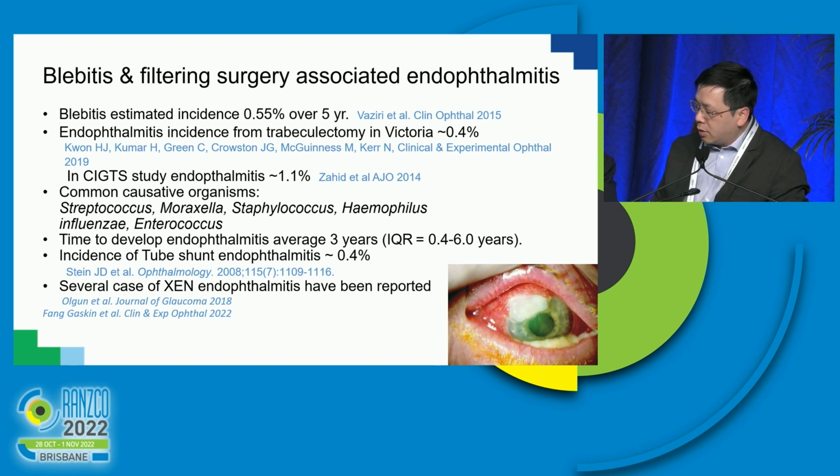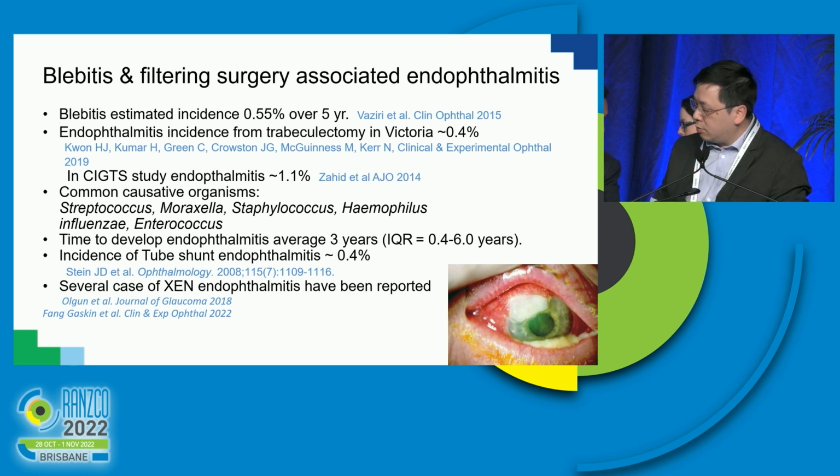The common causative organisms are Streptococcus, Moraxella, and other slightly less common microorganisms, such as Enterococcus. The time to develop endophthalmitis is, on average, around 3 years after the procedure.